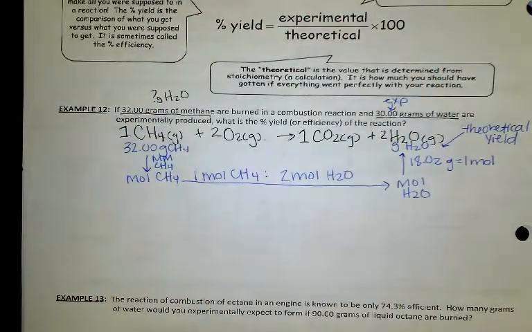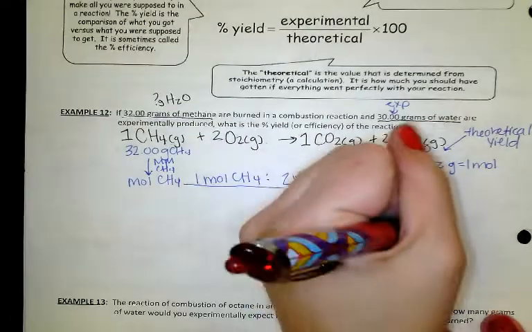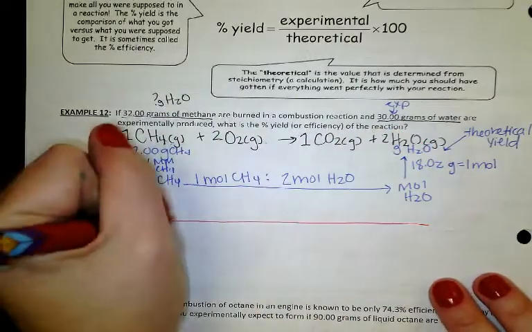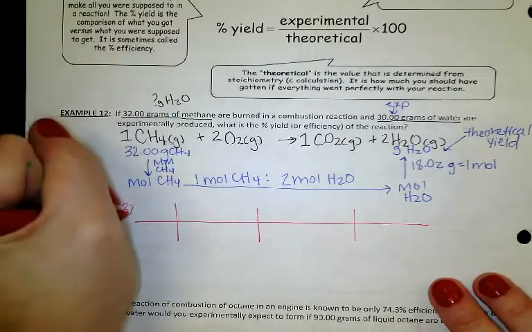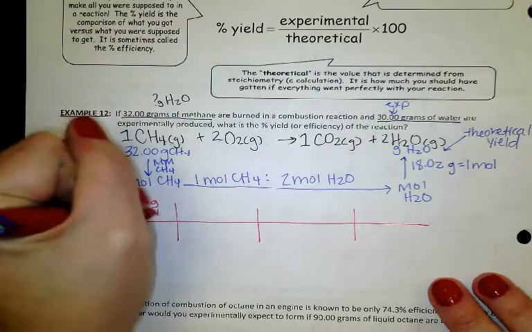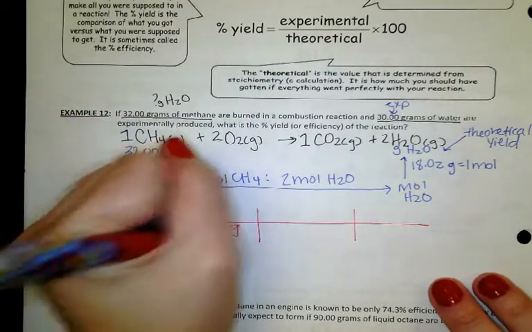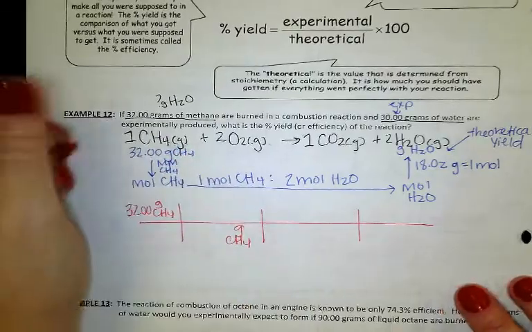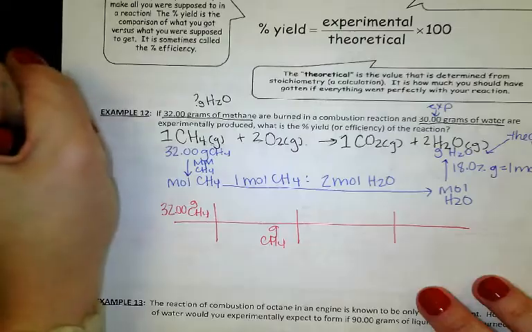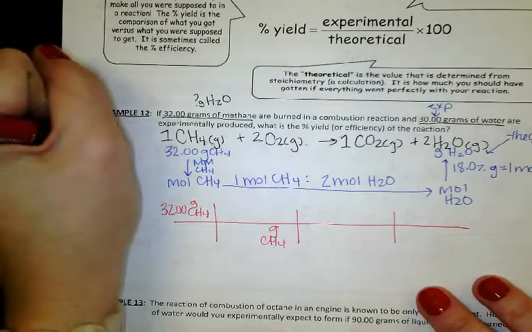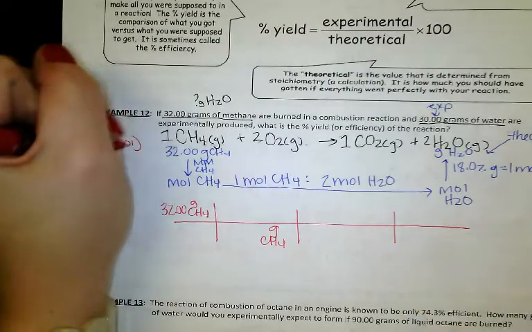So let's calculate that theoretical yield. So we're starting with 32 grams of methane. So we're going to put grams of methane on the bottom. Let's calculate that molar mass real quick. So we got 12.01 plus 4 times 1.01, and we should get 16.05.